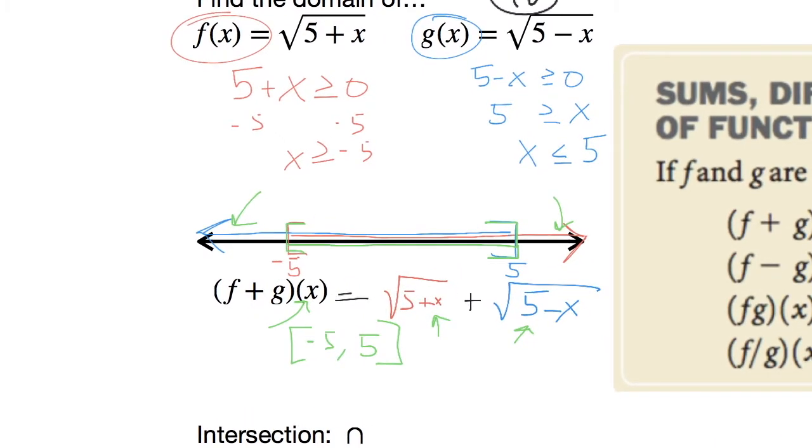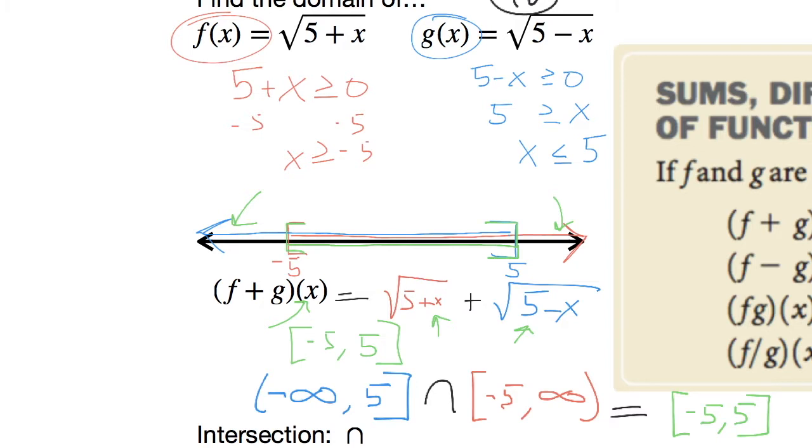What we call that is the intersection. You could say the intersection of -infinity to 5 with -5 to infinity would be -5 to 5. That's how you could write it. And this would be your answer. That's what we call the intersection. Where do they overlap?